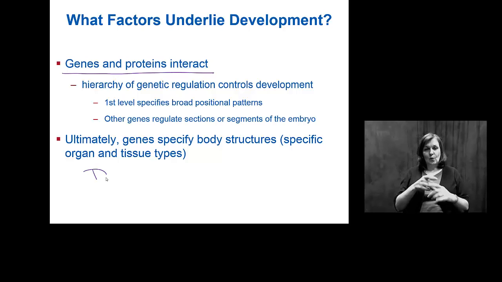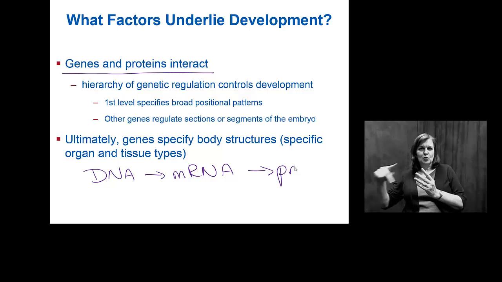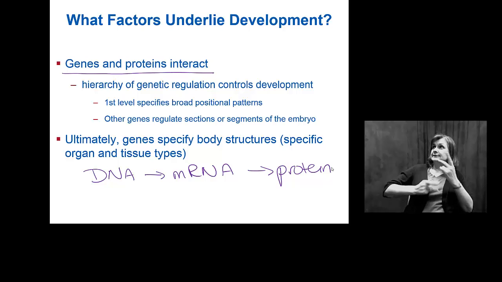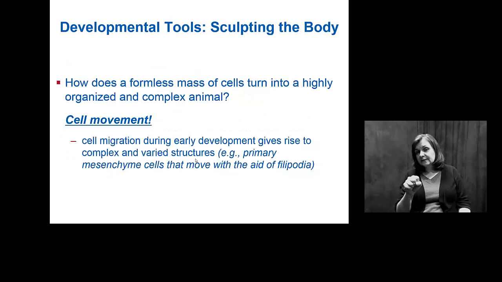So we're going to have this signal come from the DNA, go to the mRNA, as we've talked about before, and then eventually to a protein. So what we're interested in is who controls most of this. At what point does a cell say, yep, this is what I need to become? In particular, when we're developing more complex things like organs and tissues.